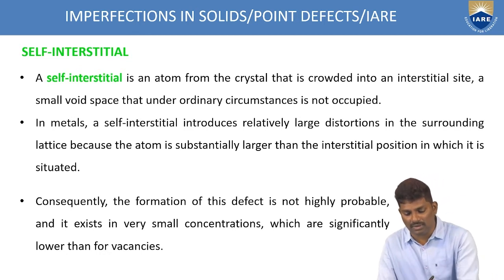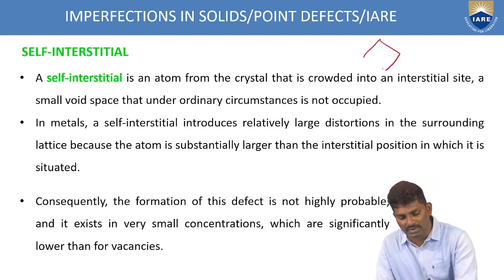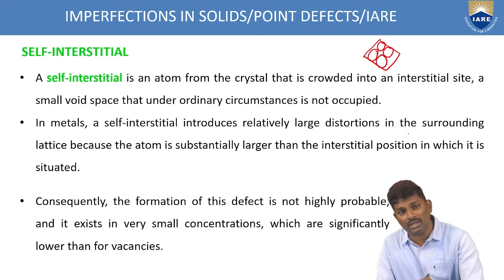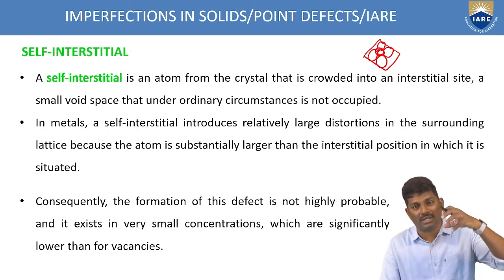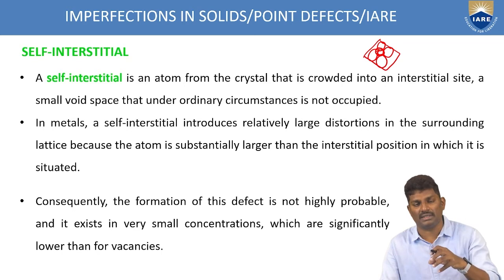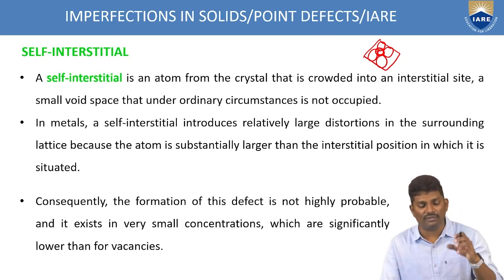So as I told, these are the atoms 1, 2, 3, 4. Now slowly, the vacant atom is being inserted here, in between, crowded into the interstitial site. That's why it is called a self-interstitial defect.